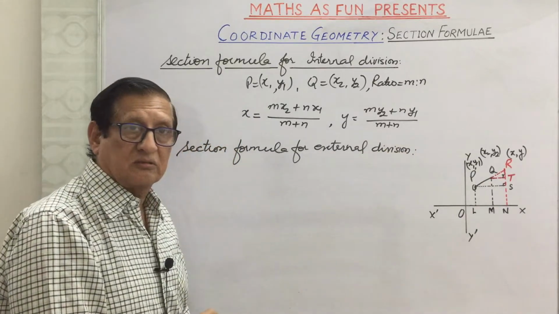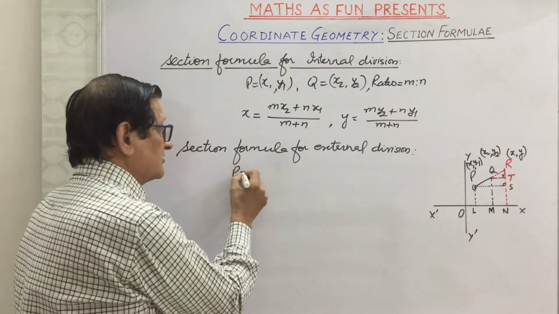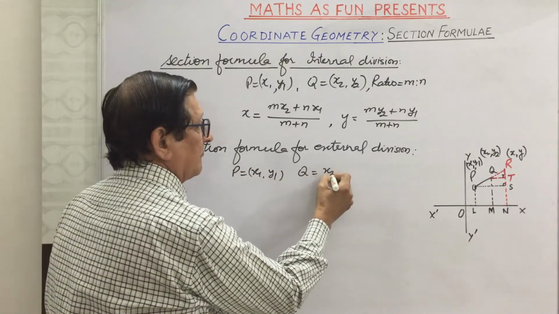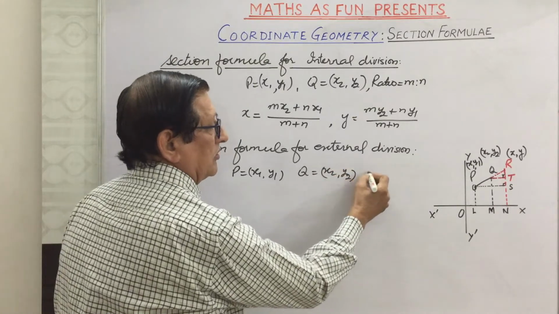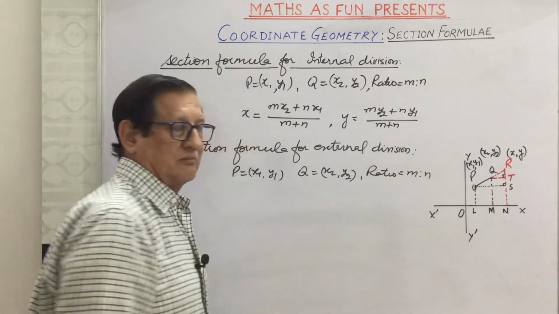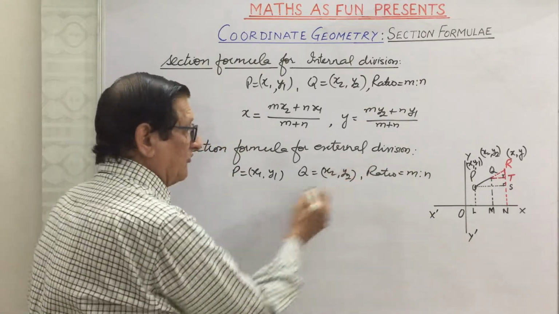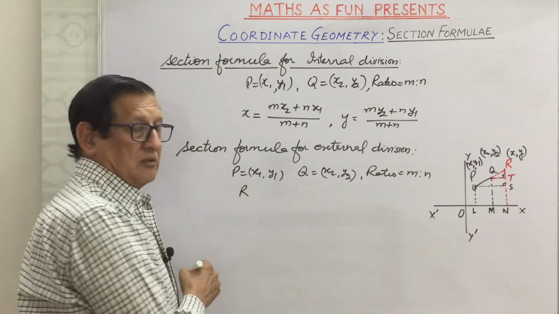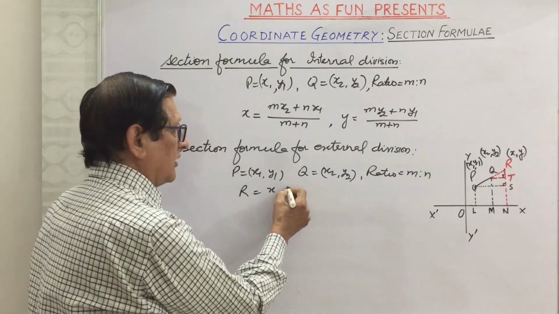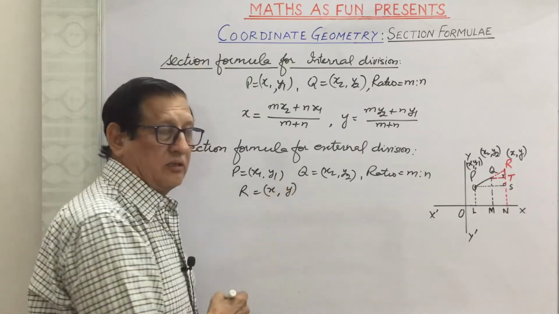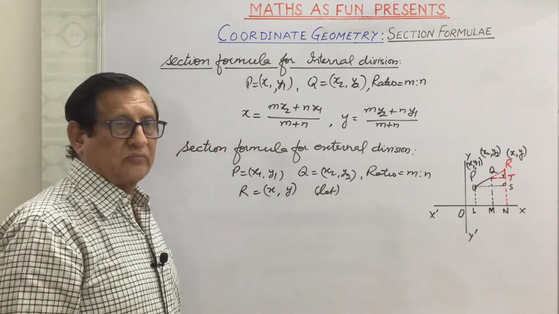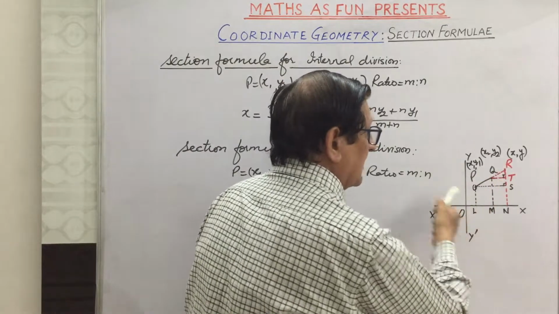In this case, P is x1, y1, Q is x2, y2, the ratio is m is to n, and the point of division is R. We consider the coordinates of R are x, y. Suppose the diagram is drawn the same way.